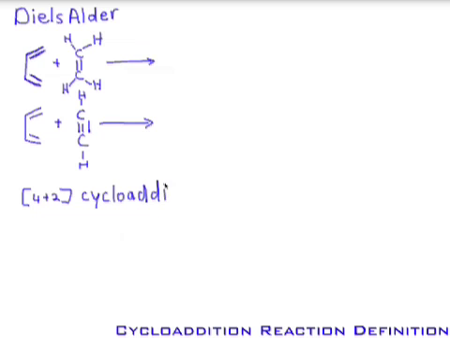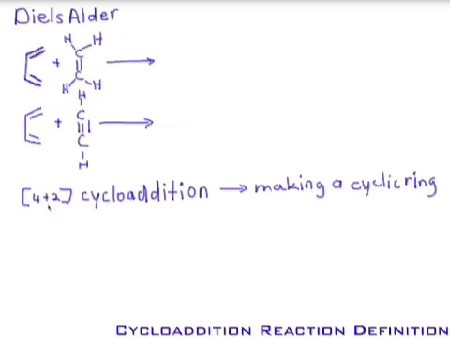Well, it means the product that you form is a ring structure. So cycloaddition means making a ring. Okay, so we're making a ring, a cyclic compound. A cyclic ring.